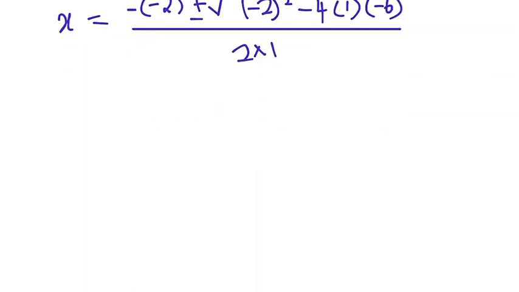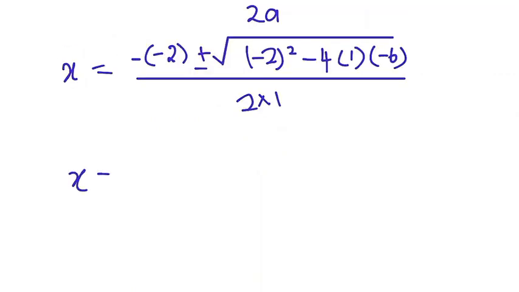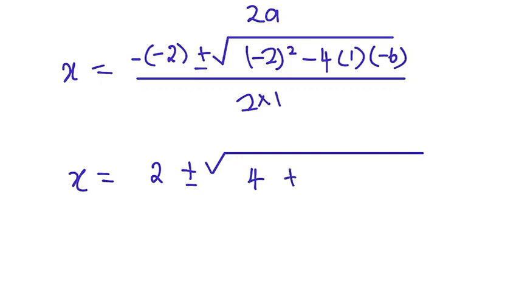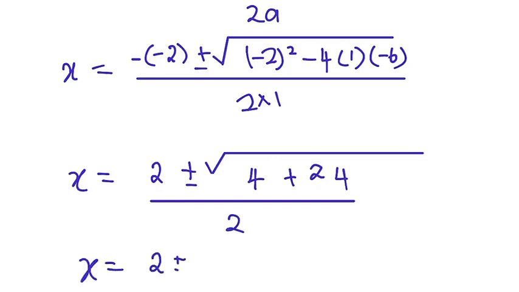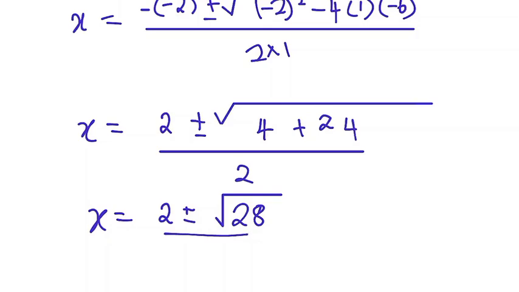So we're going to have x equals 2 plus or minus the square root of 4 plus 4 times 6, which is 24, all divided by 2. Then we have x equals 2 plus or minus, now 4 plus 24, the square root of 28, divided by 2.